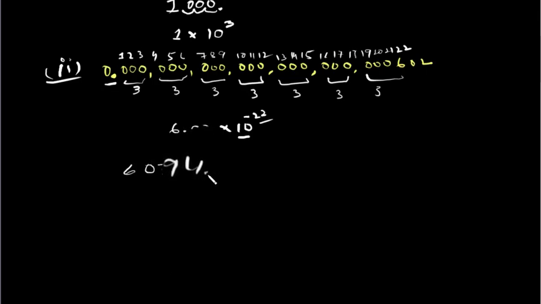So if I want to write this in scientific notation, I will have to use the same method. How many places will the decimal point have to move? It has 1, 2, 3, and 4. So the decimal point will move towards the left, and after 6 we will have a decimal point for scientific notation.